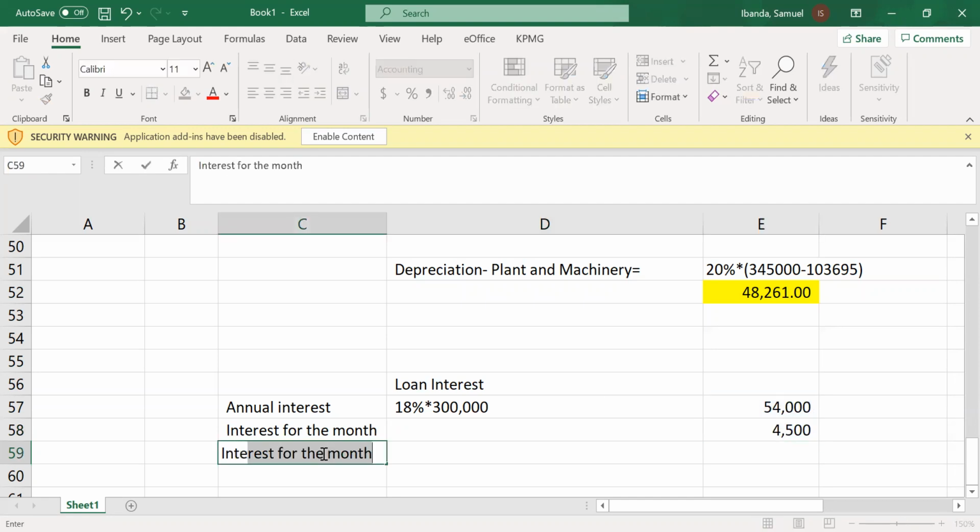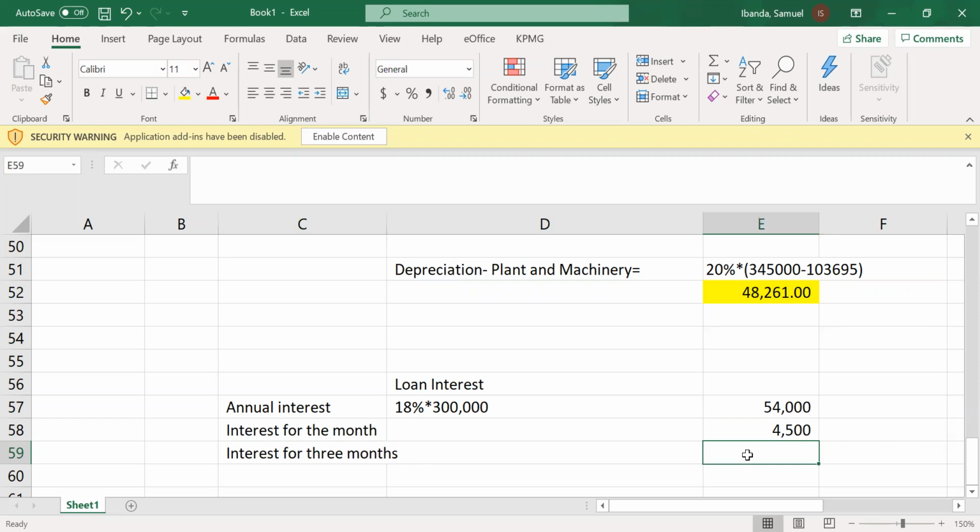So if I want to get interest for 3 months, this will be basically this times 3. So this is the interest that I'll recognize for the 3 months, because this loan existed for 3 months. So that is the interest that I'll recognize, 13,500.